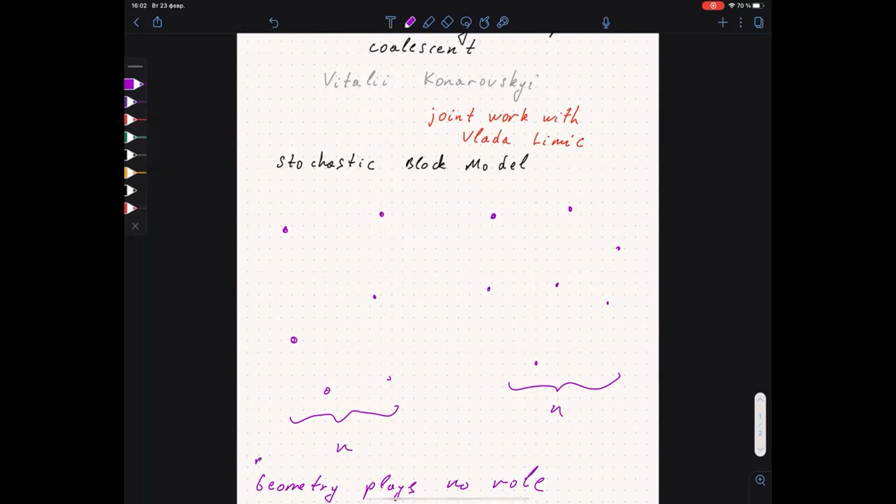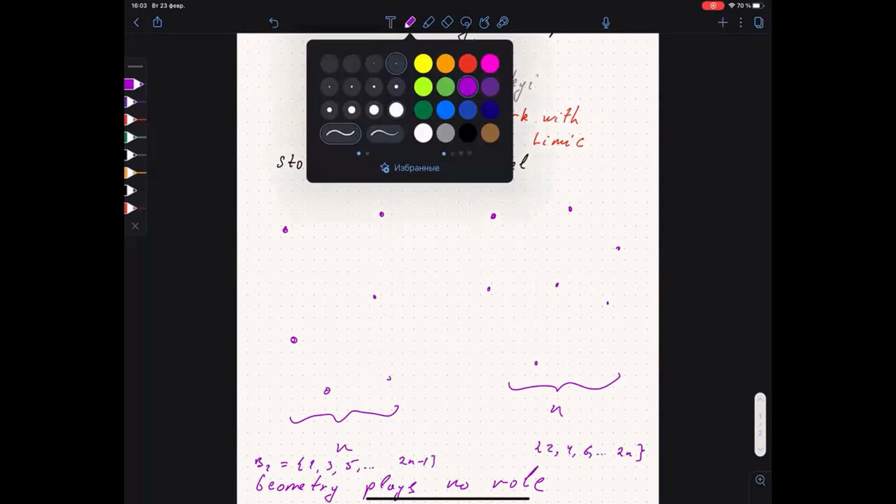So here we have the block with vertices 1, 3, 5, and so on, up to 2n minus 1, and here we have 2, 4, 6, and so on, up to 2n. And we draw edges between vertices from one group independently with probability p.